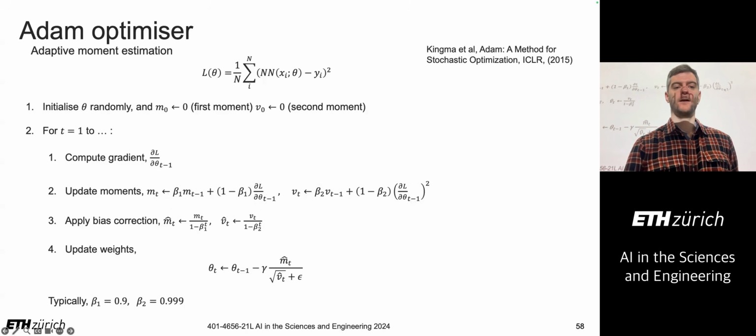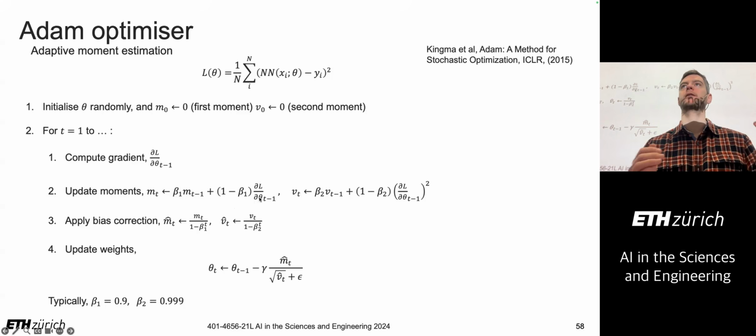And beta here is just known as a forgetting factor. It's saying how much should this running average depend on previous values versus the current value of the gradient? So it's kind of like a smooth average as we're exploring through our loss landscape and optimizing.